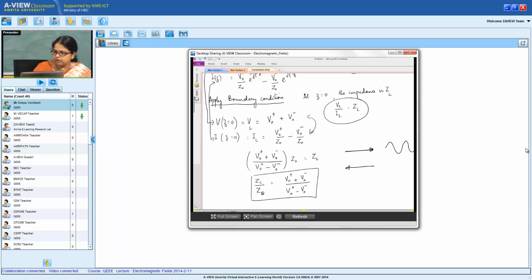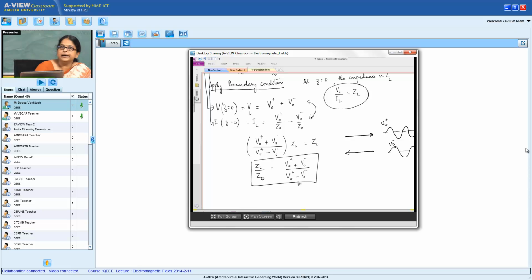The forward propagating wave has an amplitude corresponding to V0 plus, and the reverse propagating wave has an amplitude corresponding to V0 minus, and the ratio of the two amplitudes is what is given by this.